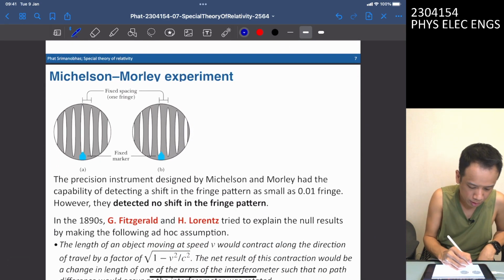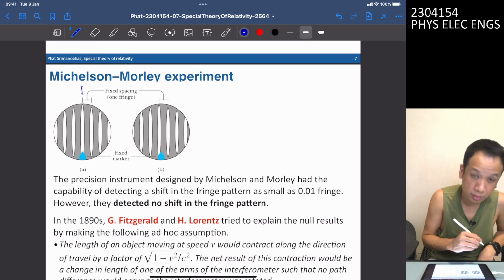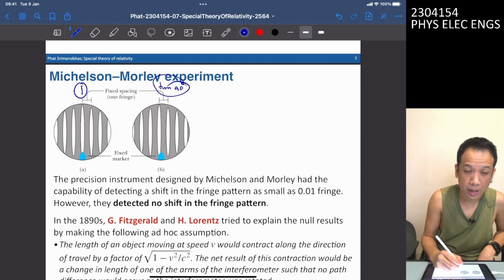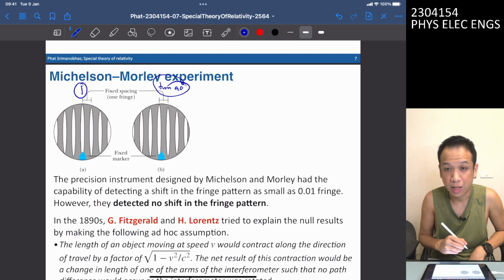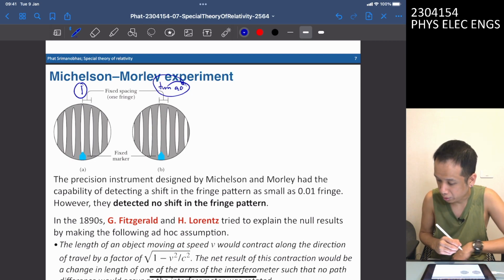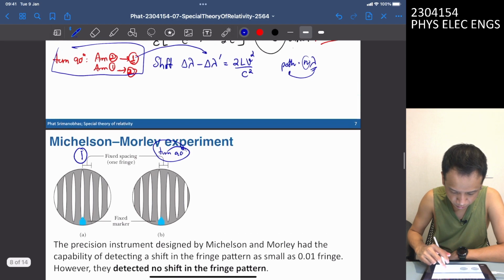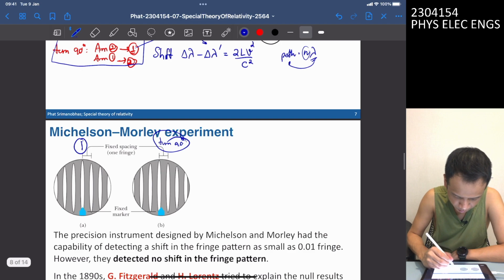So this is from the first setup, and then you turn 90 degrees and you see the shift. It's small, but you can use the numbers to calculate. I go back, putting the numbers here.